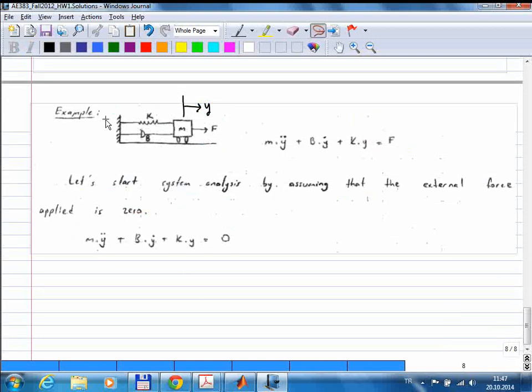If everything is at rest, and if you don't apply a force, nothing will change. Then the trivial solution is y equal to 0. Everything will stay in the original equilibrium state. But if you take this mass and move it either towards the right or towards the left, and if you add some energy to this spring, and then you release it from that condition, then there will be a motion, even without an external force. So that's what we will study first.